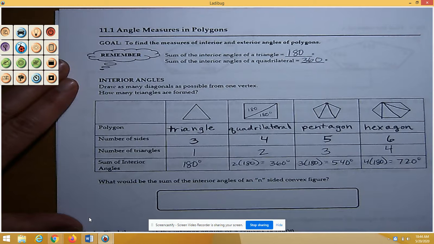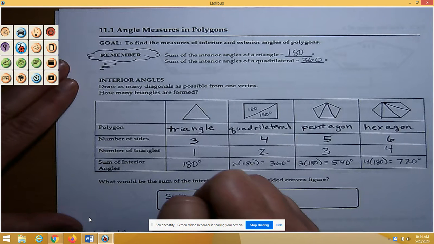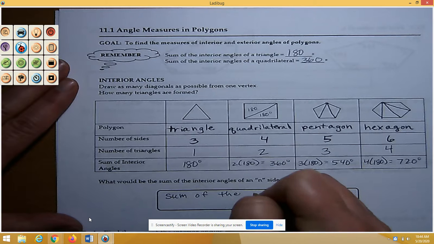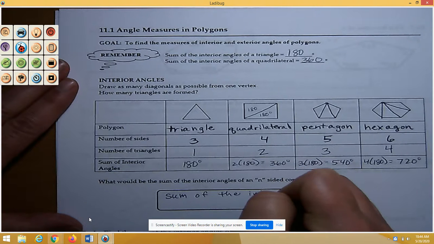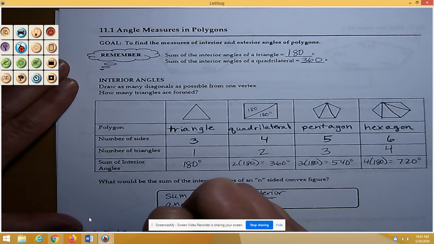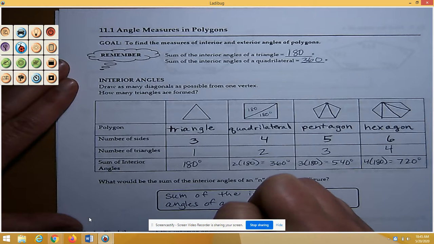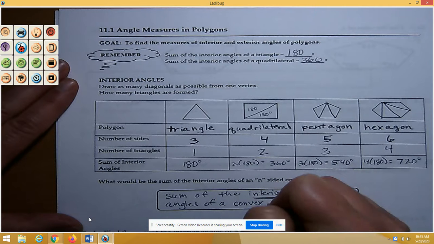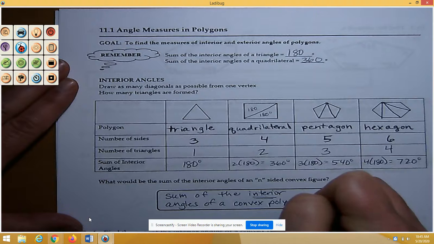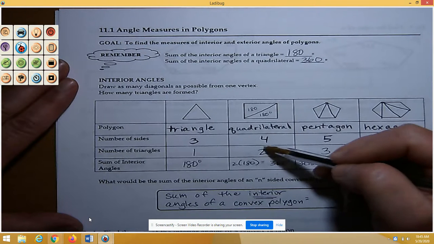So what would the sum of the interior angles of an n-sided convex figure be? The sum of the interior angles of a convex polygon equals, if you notice, it's always this number, this number, this number.